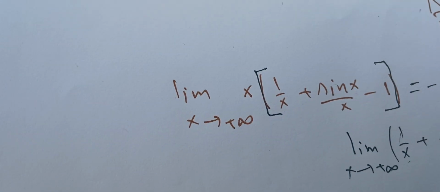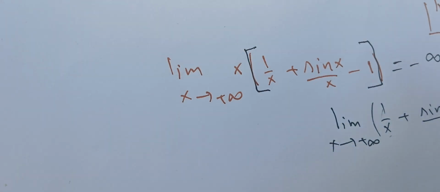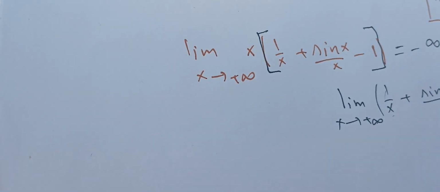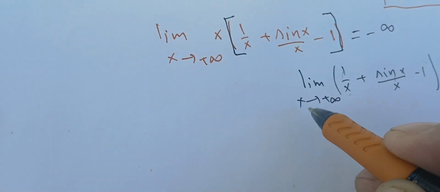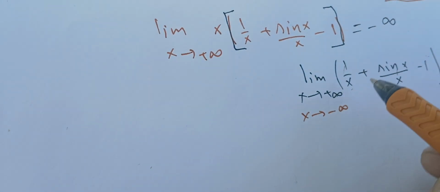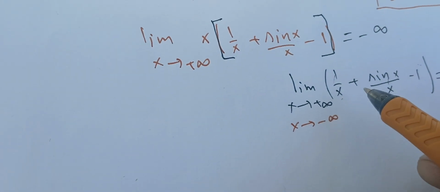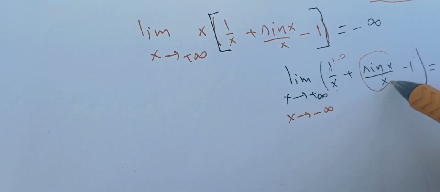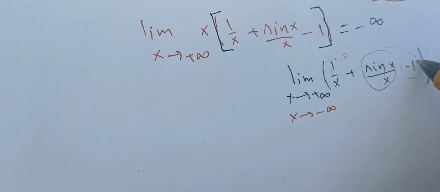One key idea we can use from here is that we can do the same thing when we are dealing with minus infinity. When x goes to minus infinity, this one will go to 0, this one will go to 0, and this is minus 1.